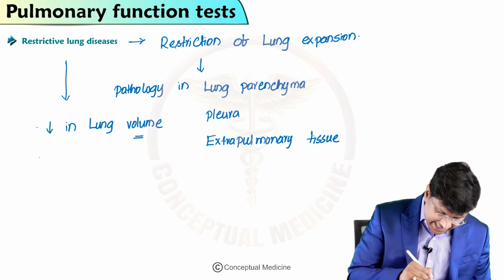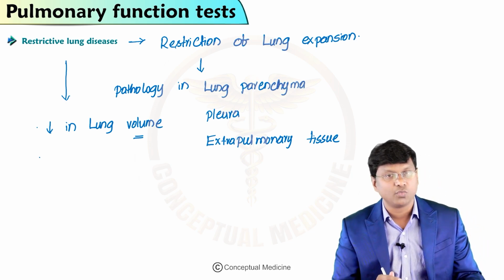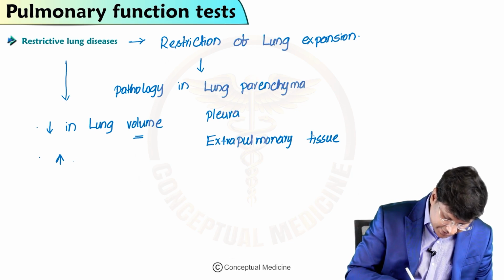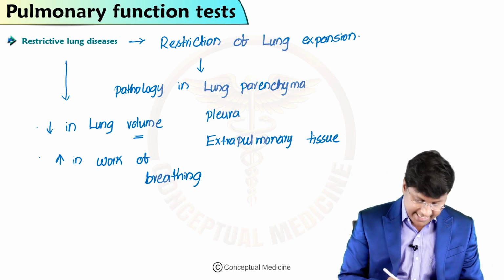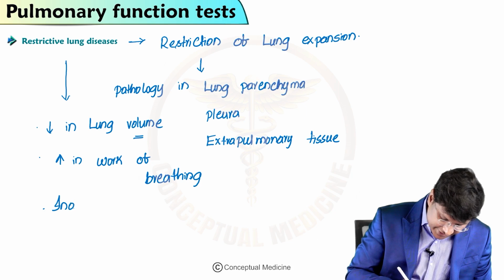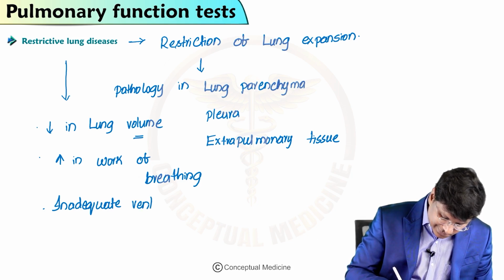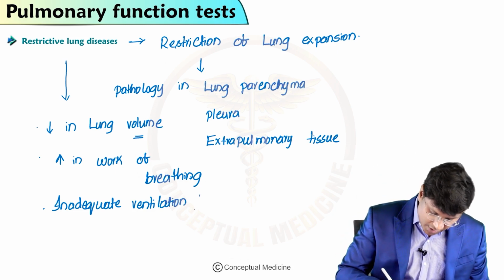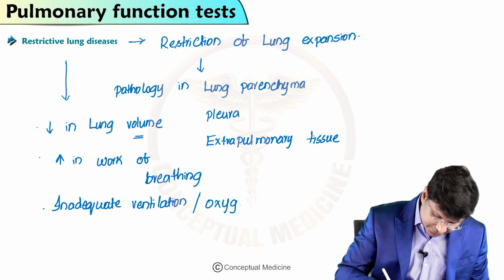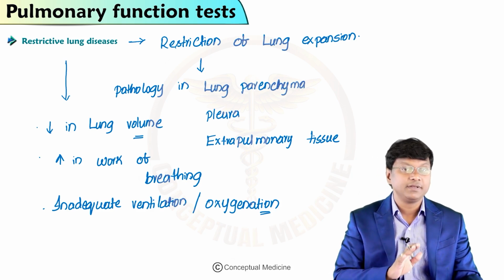And in these individuals, because of decrease in the lung volume, there is increase in the work of breathing and there is inadequate ventilation or oxygenation. Okay, so that is what will happen in the restrictive lung disease.